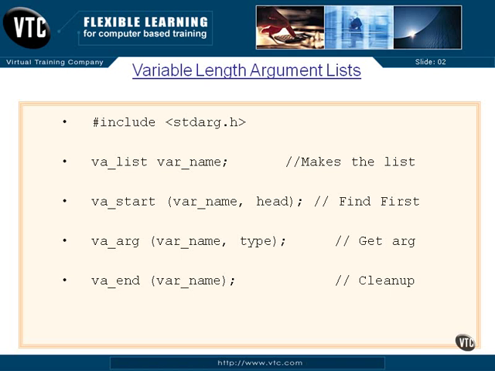We have to know what these things are, if they're integers or floats or doubles or whatever. So we have to know what they are so that we know how many bytes of data to read out of this var_name list. And that's why printf needs to know if it's a float or a decimal or a string so that it understands how many bytes it needs to read for each of its variables. And then when you're all done, you use the va_end to clean up this special little piece of code that you set out there, this special variable called var_name.